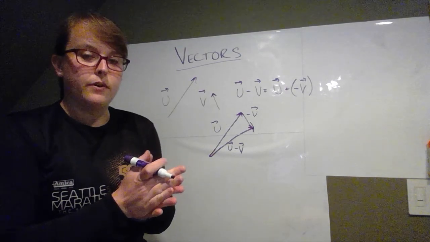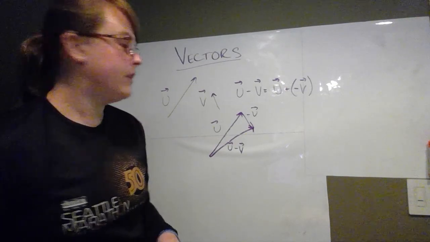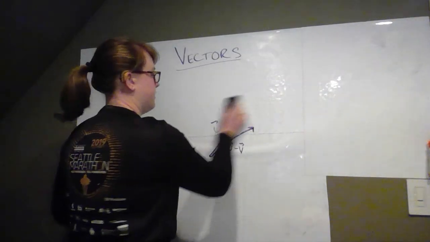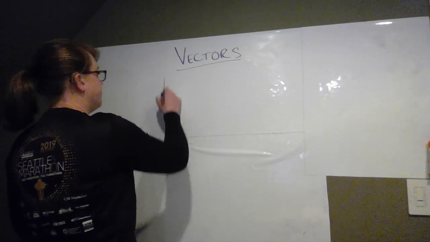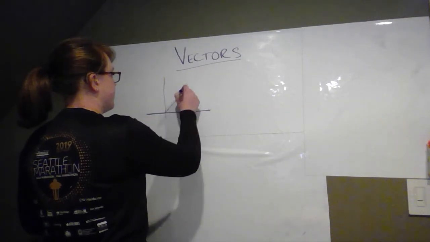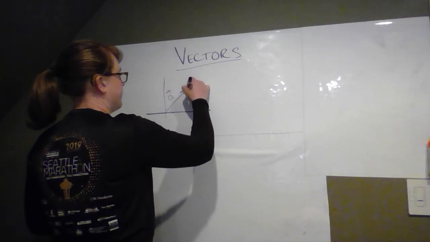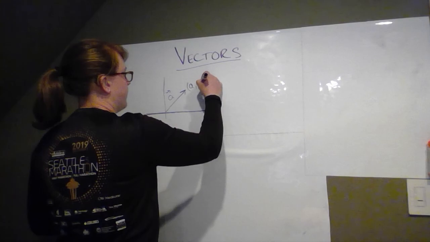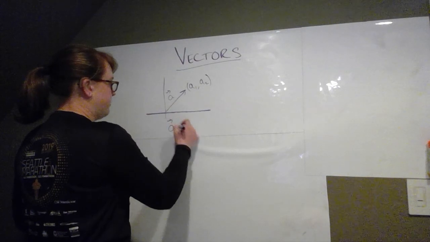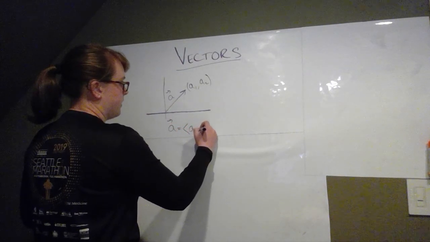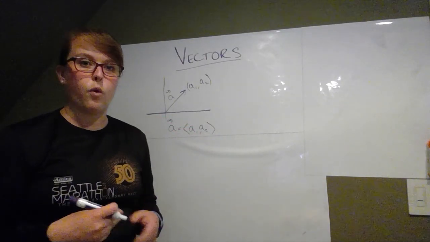So now what we want to do is impose a coordinate system on our vectors and take a look at what that does. If you're looking at vectors in a two-dimensional coordinate system, this might be vector A, and the ending point is A1, A2. Then the vector would be written as A1, A2, but with arrow brackets so that it's different than just a coordinate point.